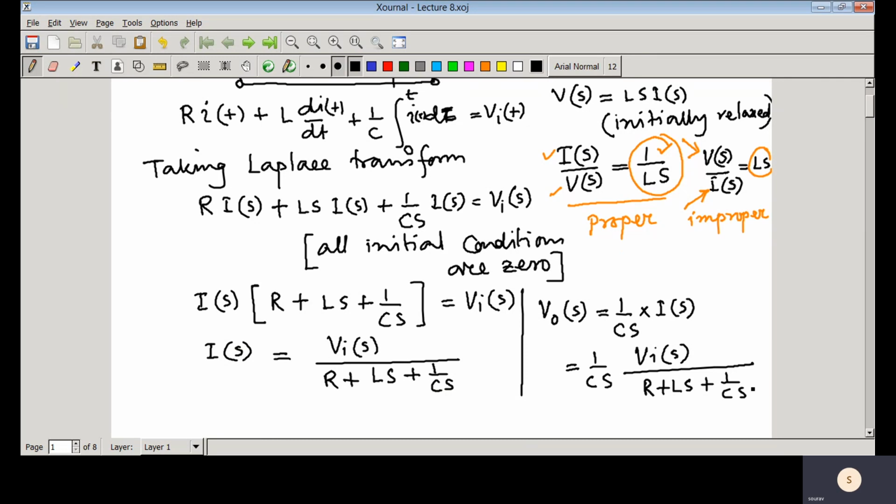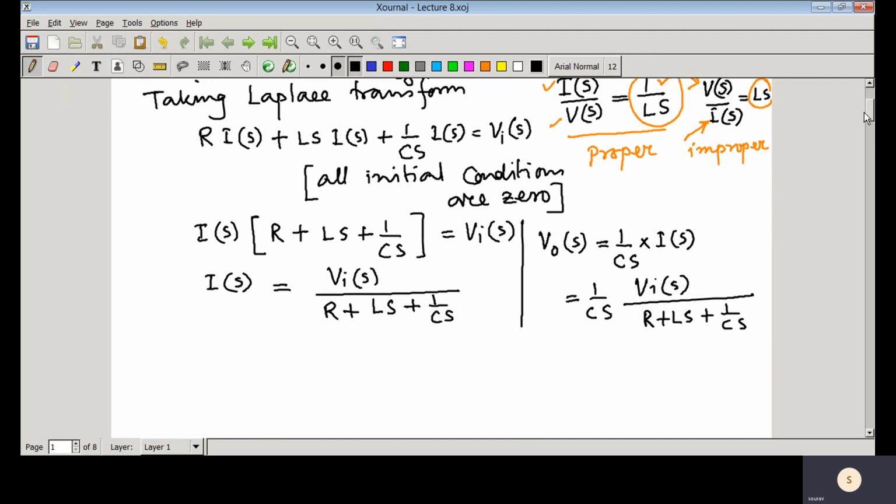If you write this expression in input output form, this is your output and this one is input.